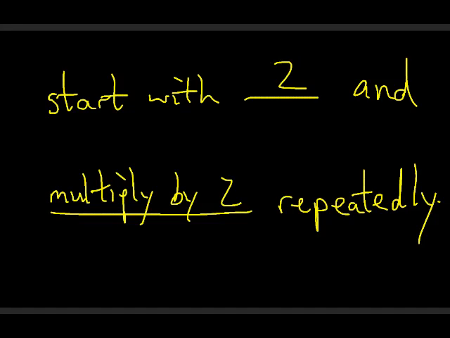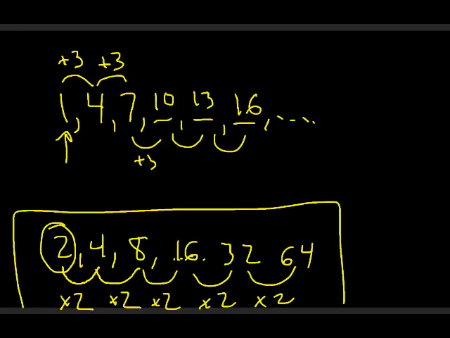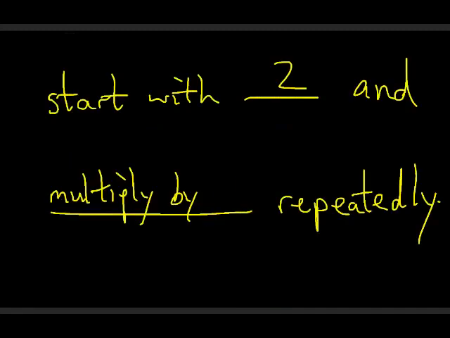Because if we look at my last pattern, if the rule was start with 2 and multiply by 2, the whole pattern would be 2, 4. And I actually want it to keep going, even after the 64. So I need that repeatedly in there.